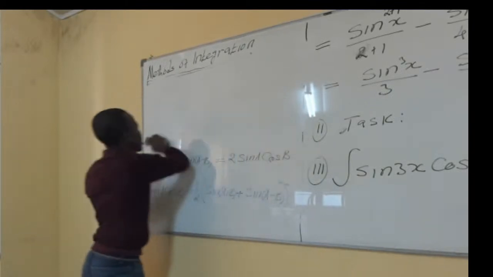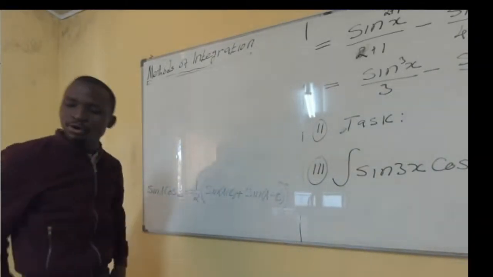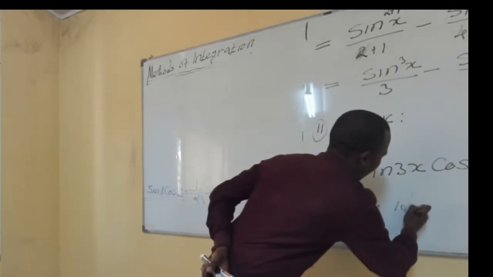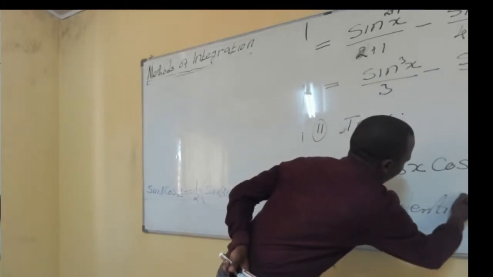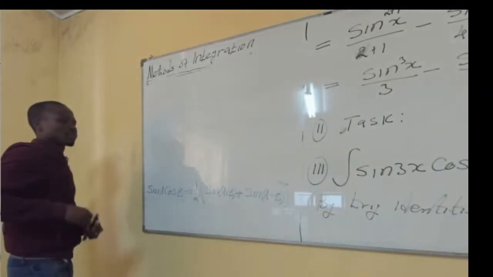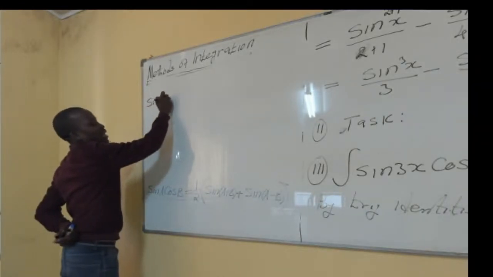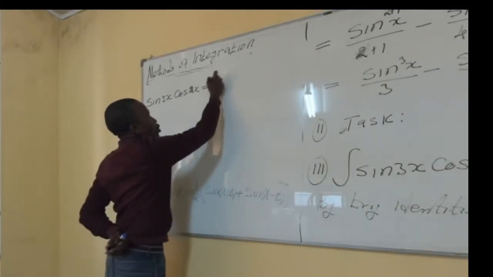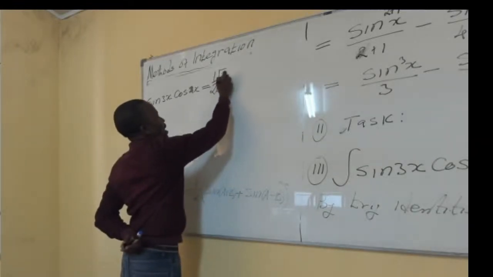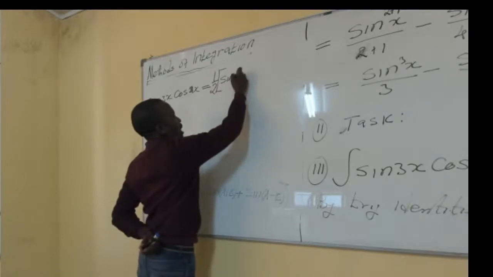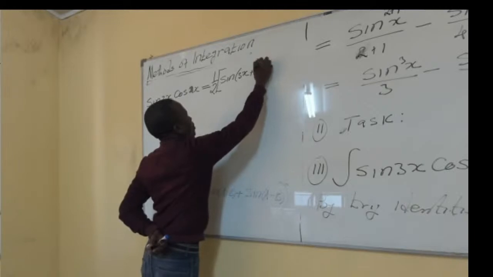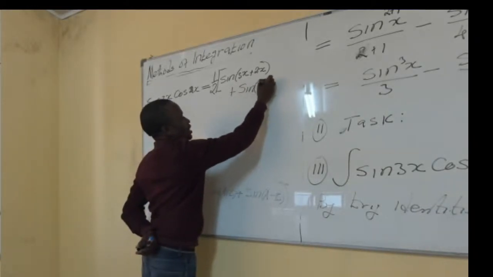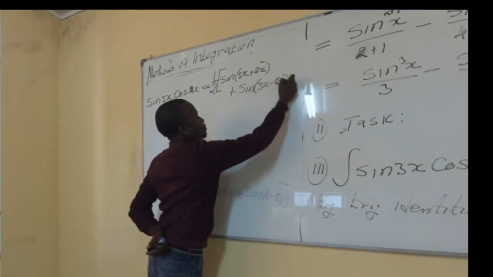I've already made you recall. By the trigonometric identities, sine 3x times the cosine of 2x is just the same as 1 over 2, sine of, A in this scenario is 3x, so sine 3x plus 2x, then plus sine 3x minus 2x.